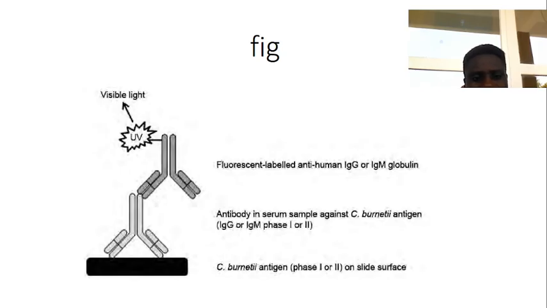Firstly, there is the antigen on the slide, and in the plasma or serum there are antibodies, IgG or IgM. IgM is the primary antibody formed when there is an infection or an entry of antigen in the body.